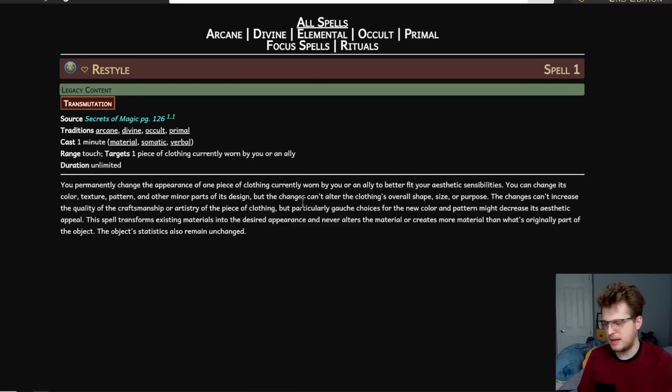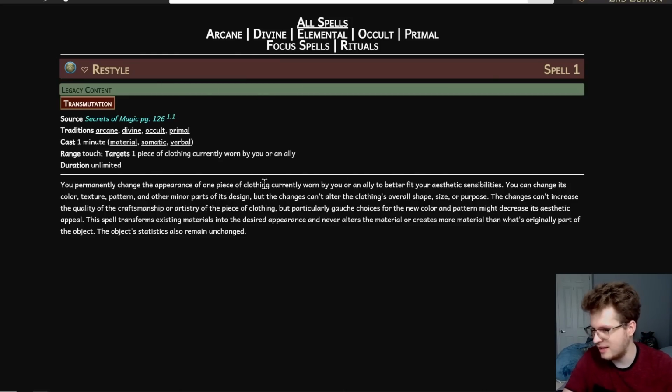And they'll probably just have to pay the scroll price or whatever, which is 4 gold pieces for a first rank spell, and they can get the outfit completely changed. So there you go. This is probably a thing that people use.